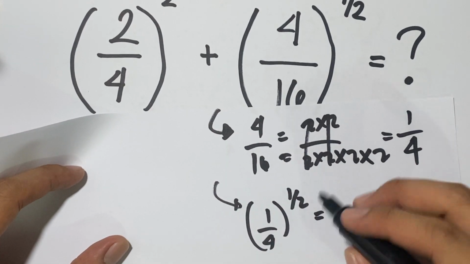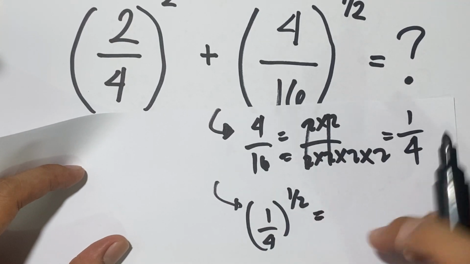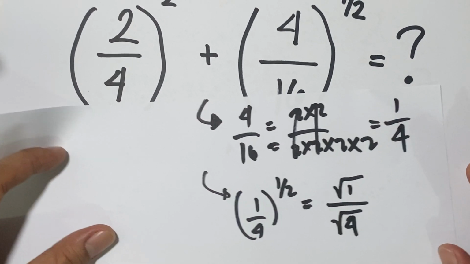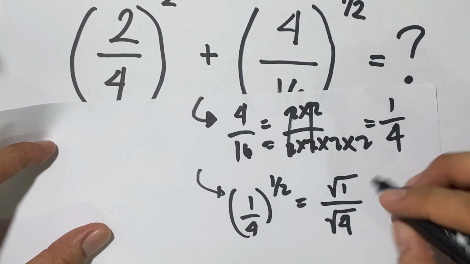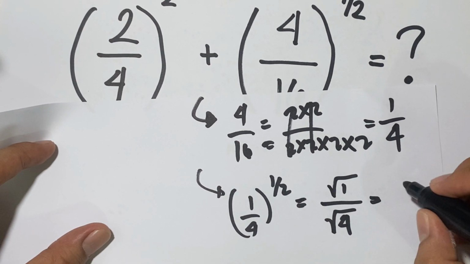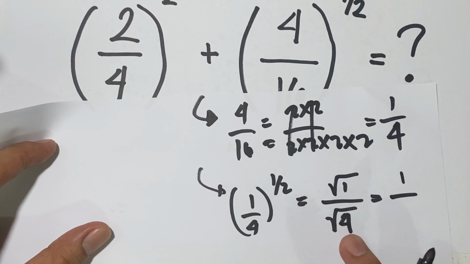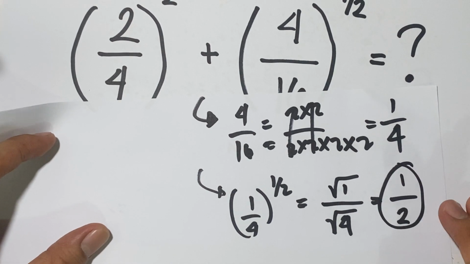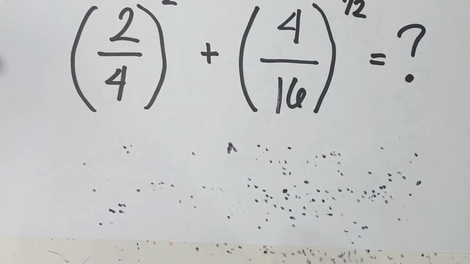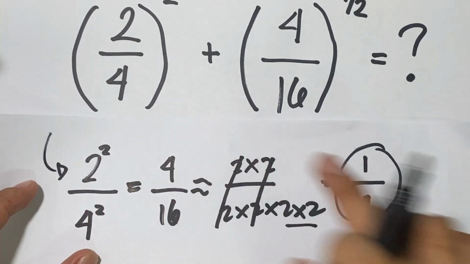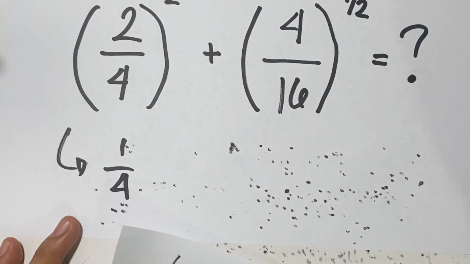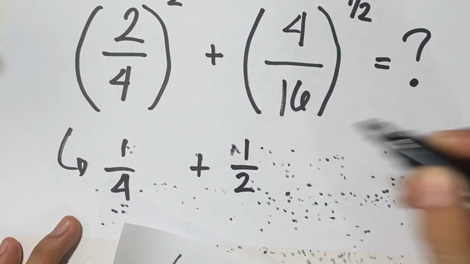We could convert this into its root form as we distribute it to the numerator and the denominator. The square root of 1 is 1 and the square root of 4 is 2. So our new form for our second term is 1/2, and our new form for the first term is 1/4. We will now translate this into 1/4 plus 1/2.